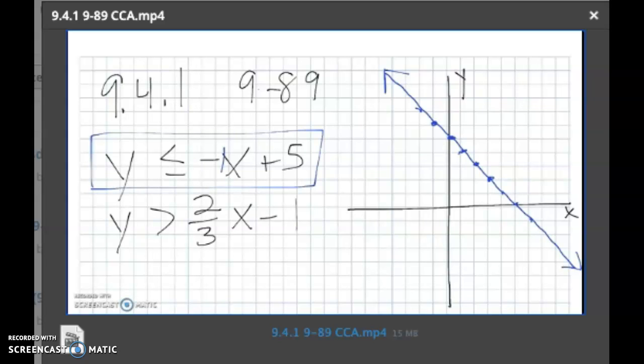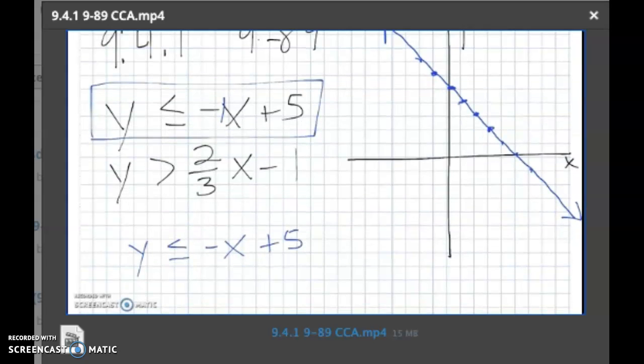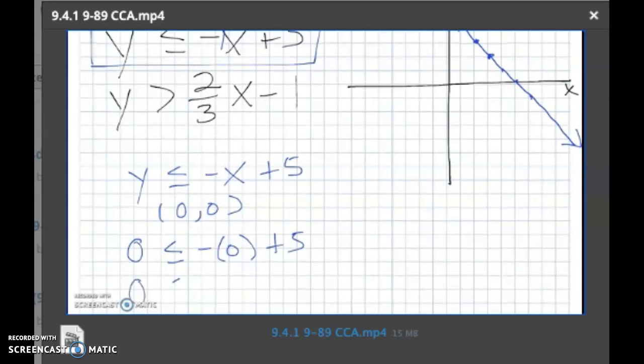Then we're going to test a point to figure out which side of the line we need to shade in. I'm going to rewrite this down here, and I'm going to test the point 0, 0 again. It's a nice point to substitute in for x and y. I replace y with 0, and I replace x with 0, and see what happens.